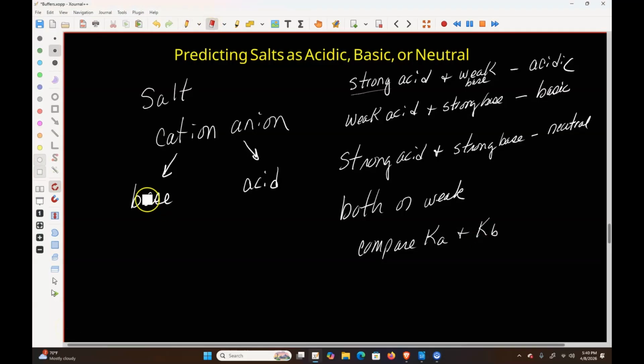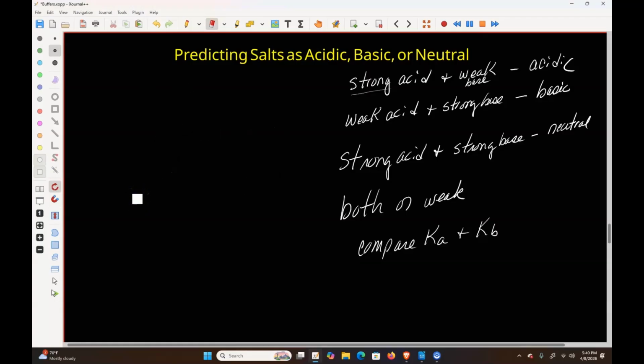All right, let's try some examples. Which of the following will have the lowest pH? NaNO3 or Fe(NO3)3.